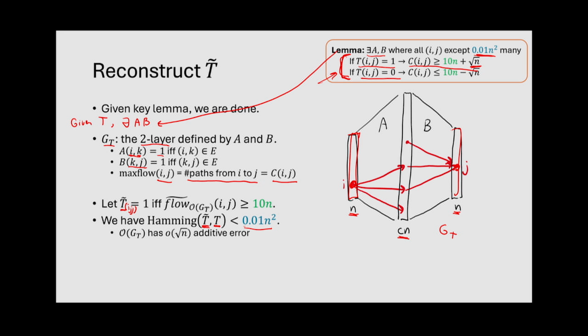All right. Okay, so with this, we are done. If I can construct this matrix A and B, I can obtain my almost target as I want. All right. Good.